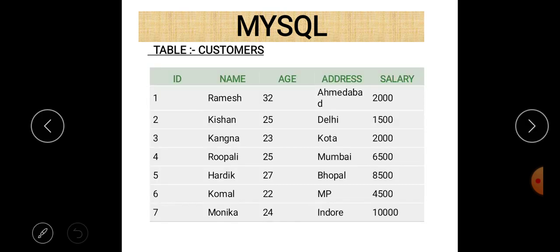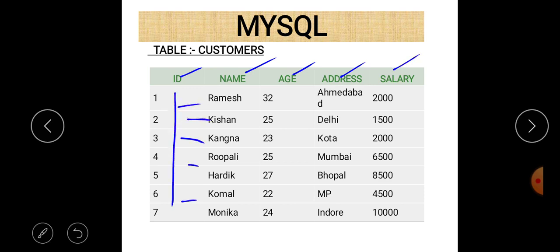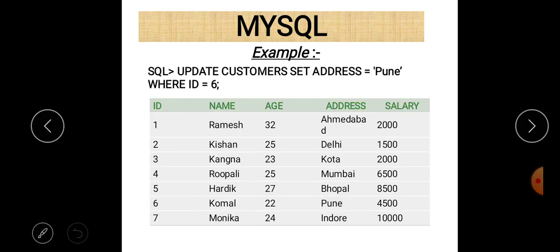You can see here there is a diagram, a table, and in this table 5 columns are there: ID, name, age, address, and salary. These are the different records. Now, the name of the table is customer.